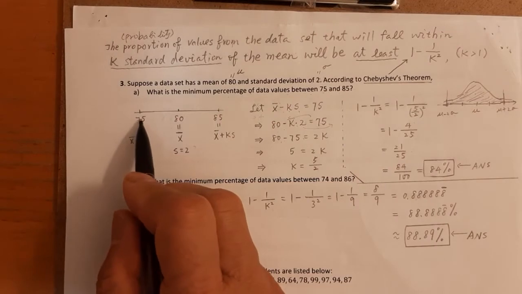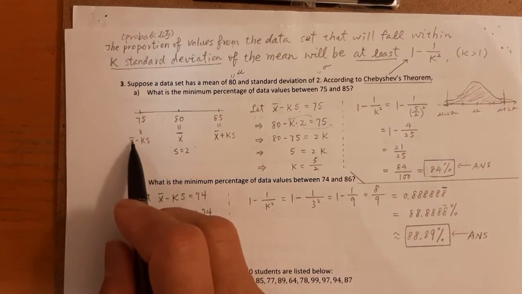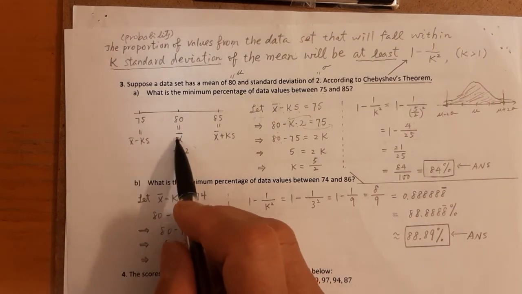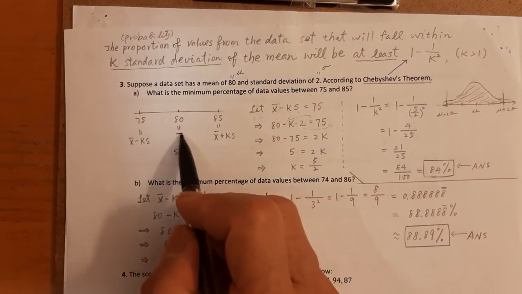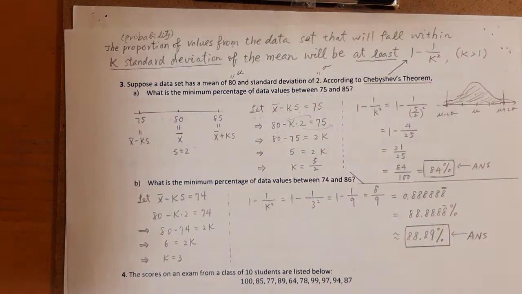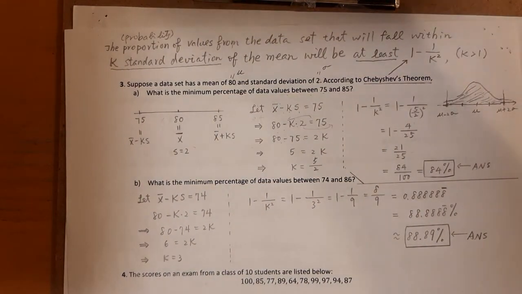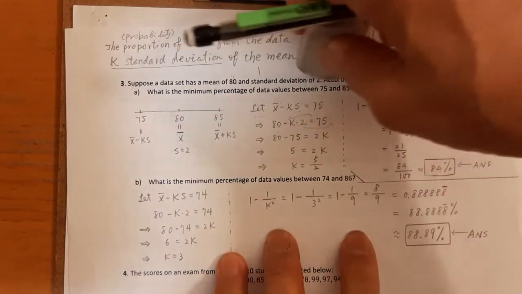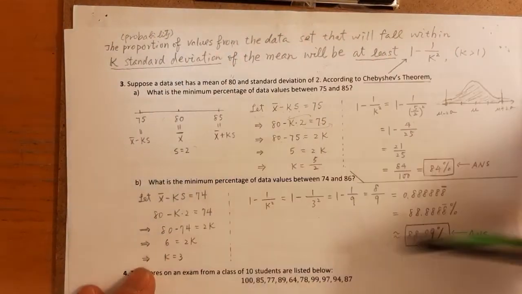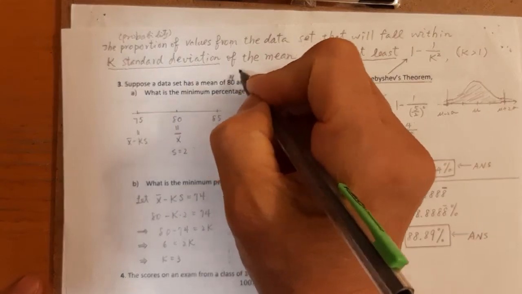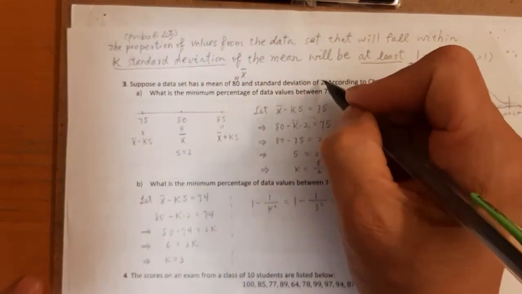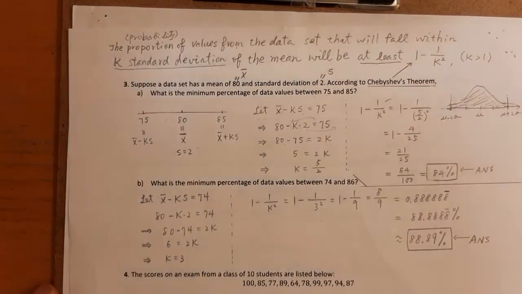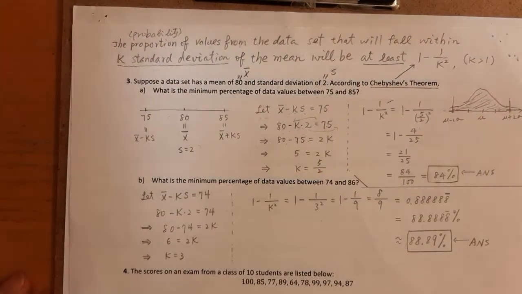So this 75 is the mean minus K times s. The mean is the sample mean. This x bar represents the sample mean, so I have to use the sample mean, not the population mean. This 80 is the sample mean, x bar. This 2 is s, the sample standard deviation.